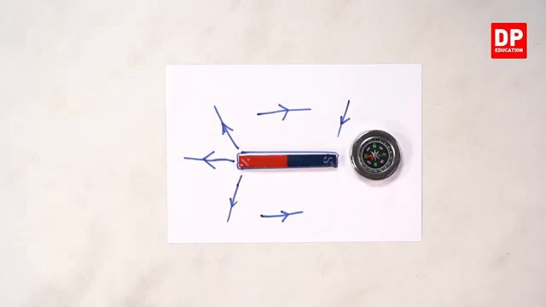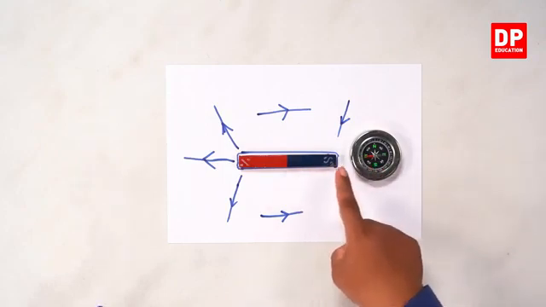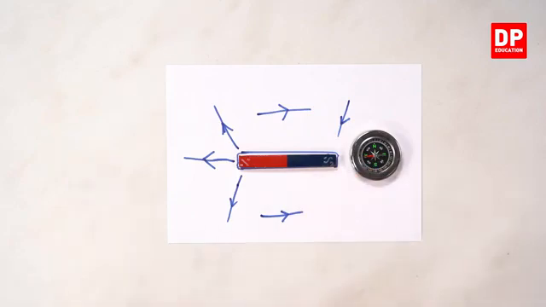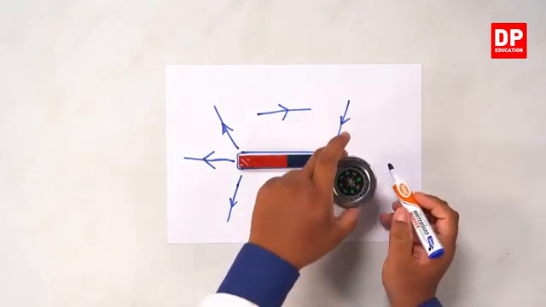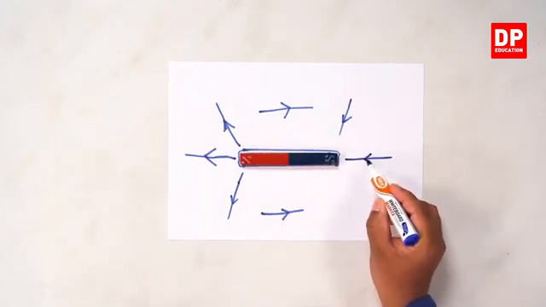You can clearly observe that the red color terminal is directly pointing towards the south pole. So once again I am going to draw out the position.